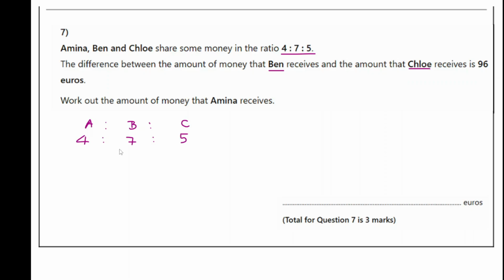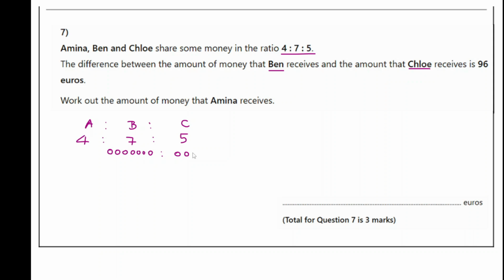Okay, now let's see what happens here. Now Ben gets 7 parts. So 1, 2, 3, 4, 5, 6, 7 parts. Whereas Chloe gets only 5 parts. 1, 2, 3, 4, 5.